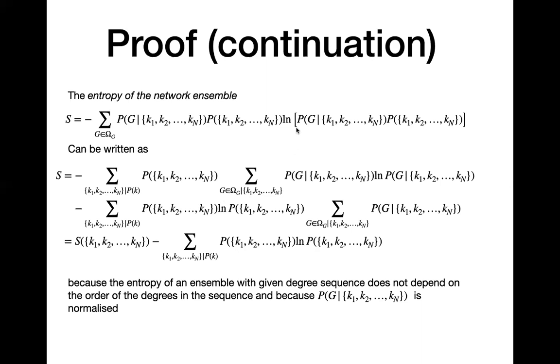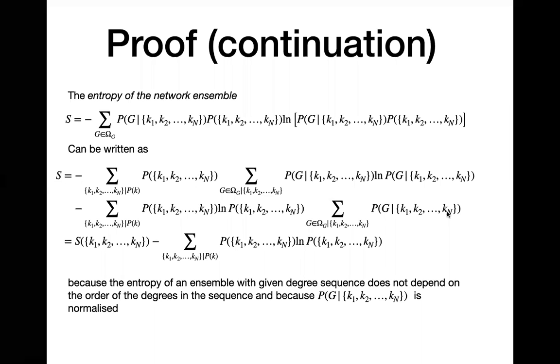Okay, so when I express the sum over G in this term, and when I write the logarithm of P of G given the degree sequence multiplied by P of the degree sequence as the sum of the logarithms, I can express this quantity in this way, okay?